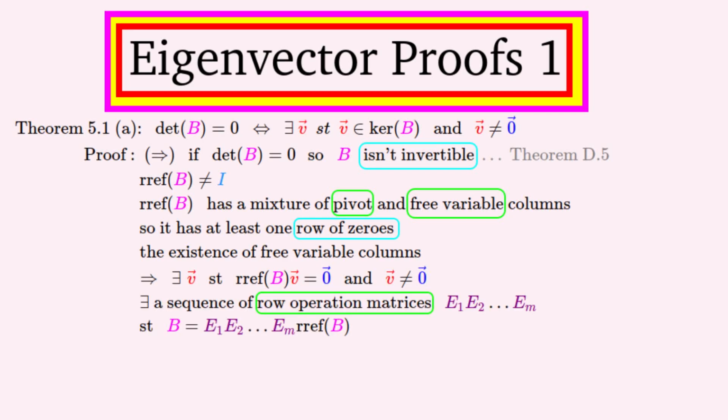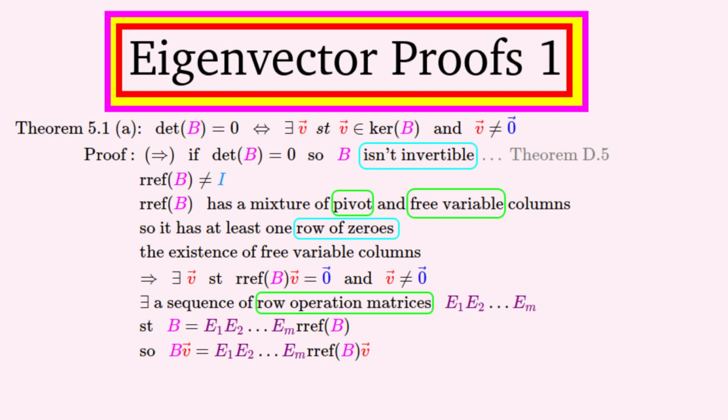There must be a sequence of row operation matrices such that this equation is true, because we used row operation matrices to get matrix B in reduced row echelon form. This is actually the reverse of this. We're using these row operation matrices to get the reduced row echelon form into the matrix B. We're arranging it like this to more easily do the proof.